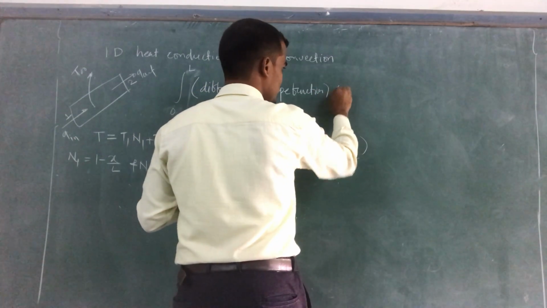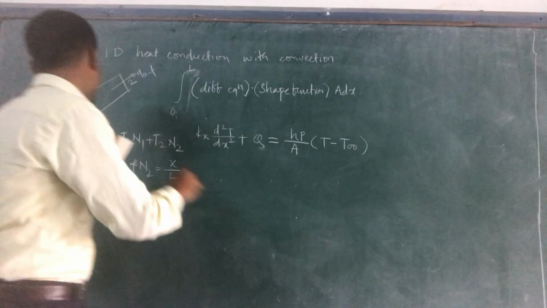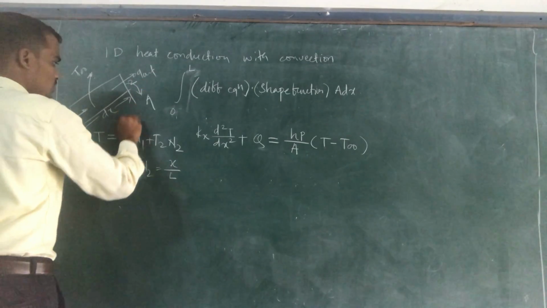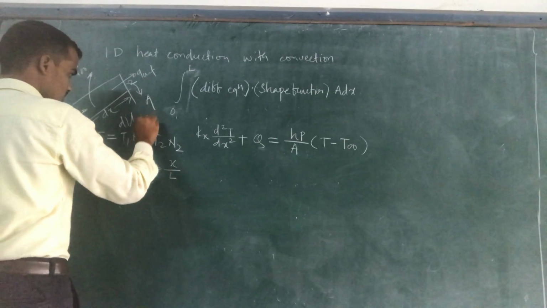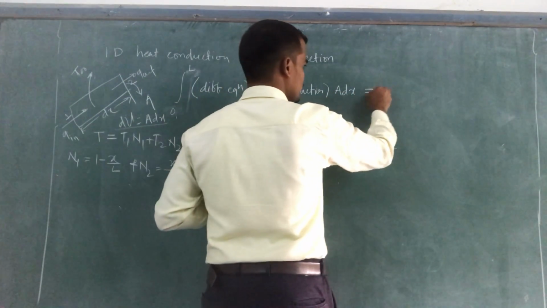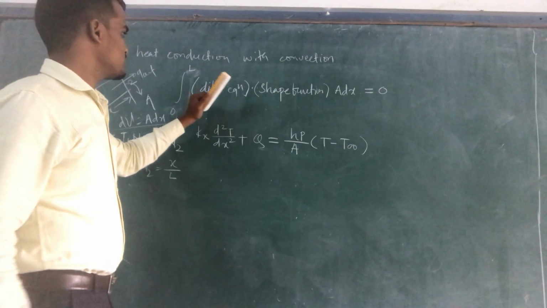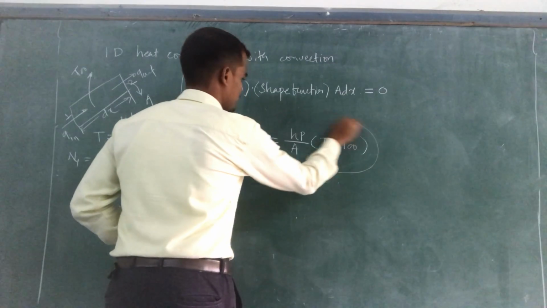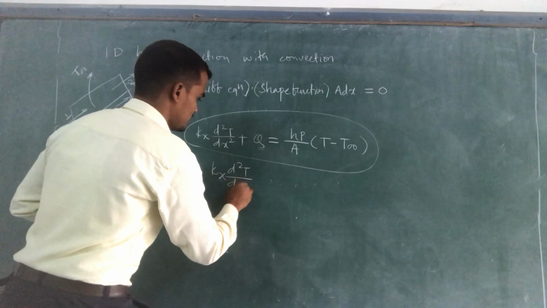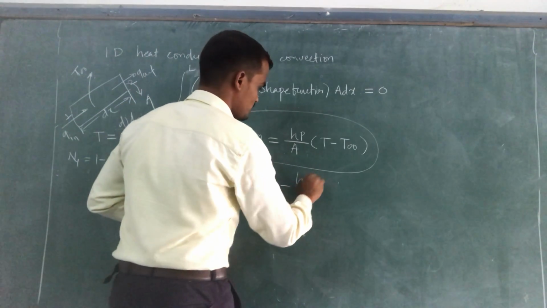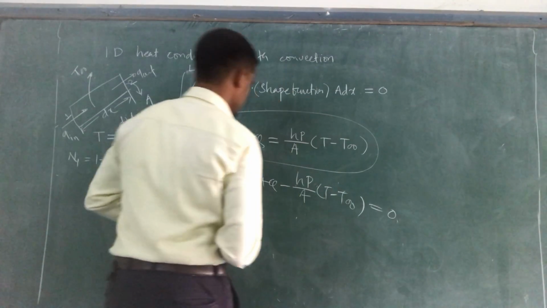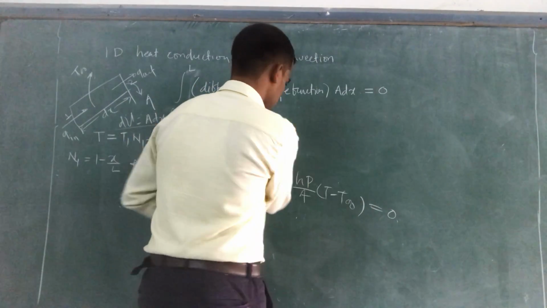The control volume is nothing but area times dx, because the element has length dx and area A. So the volume dV will become A times dx, which must be equal to 0. Now instead of this governing differential equation, we will put this equation. Finally this equation will become kx d squared T by dx squared plus q minus hP upon A in bracket T minus T infinity is equal to 0. So we will put this governing differential equation there.